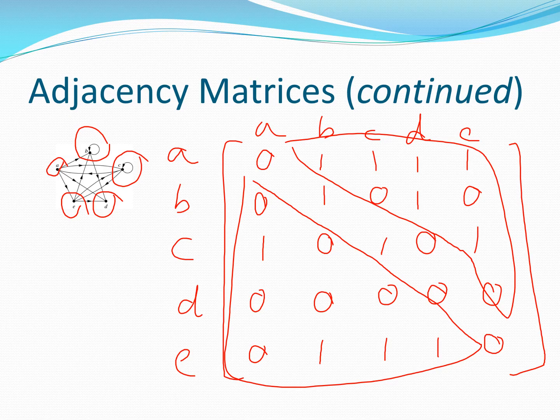So this is the adjacency matrix for a directed multigraph which has loops. The example that I took does not have multiple edges, but if you had multiple edges going in the same direction between two vertices, instead of a 1, you would count the number of edges going between the two vertices and write down that number.